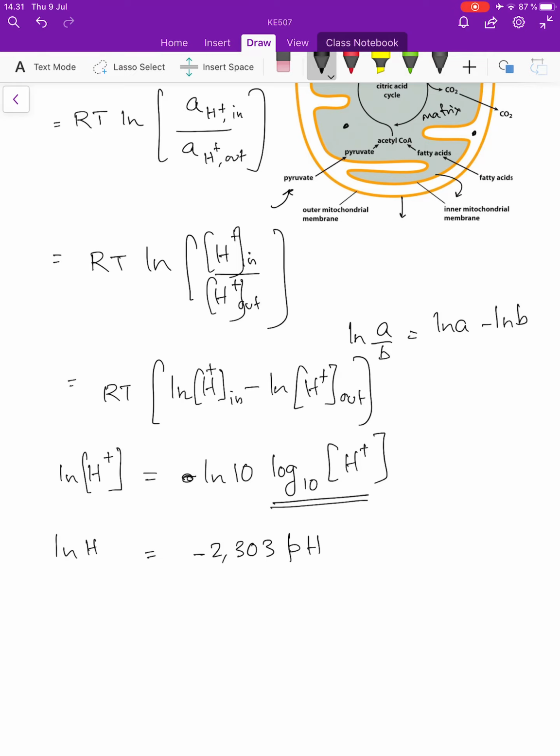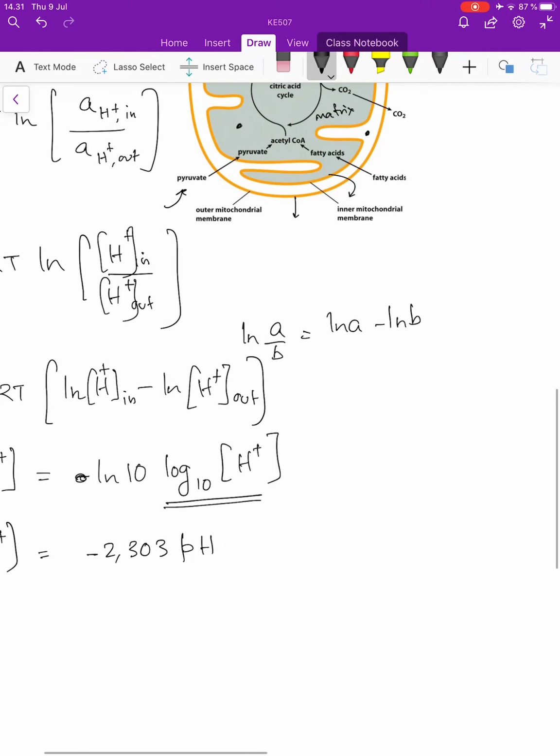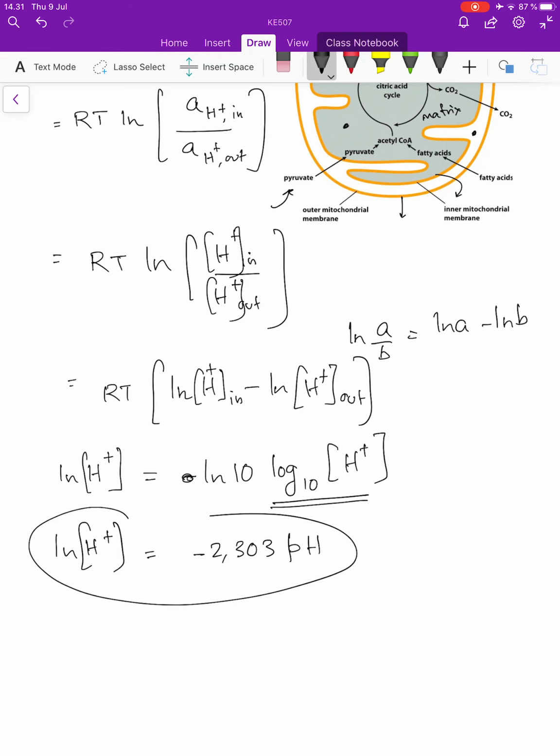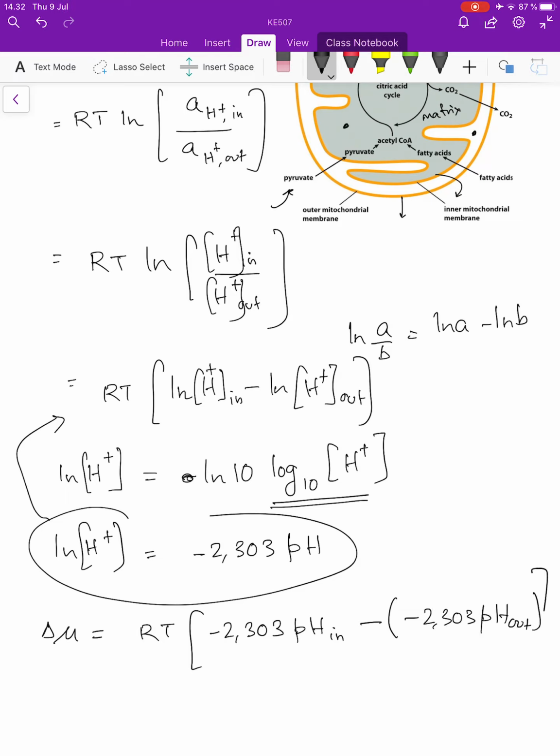So if I use this equation and put it here, I get delta mu equal to RT times minus 2.303 pH in minus 2.303 pH out.